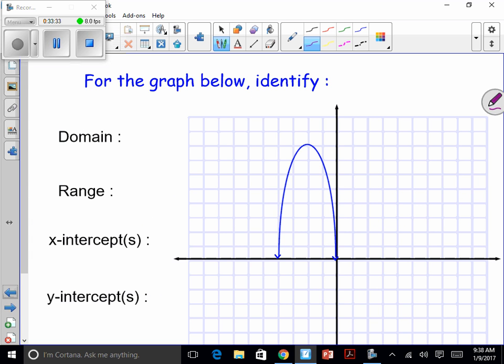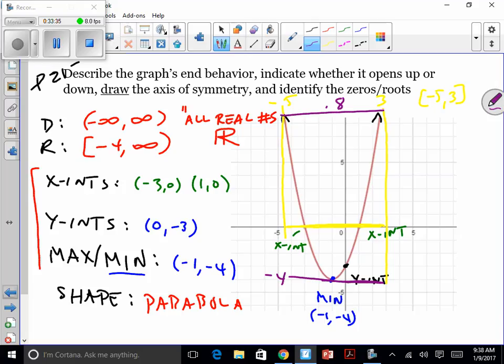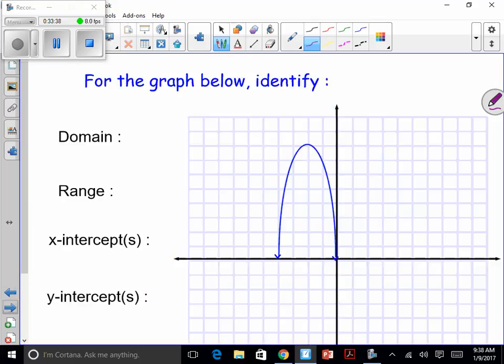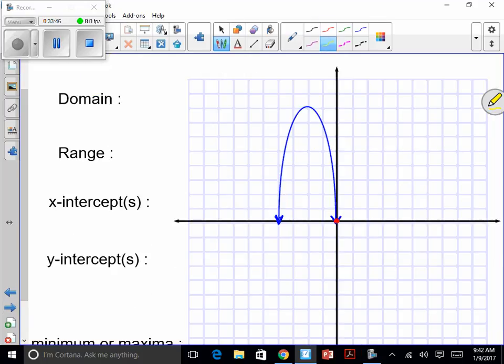Now there are only a few. Try to put my domain and my range. The range always starts from the bottom, then it goes up.